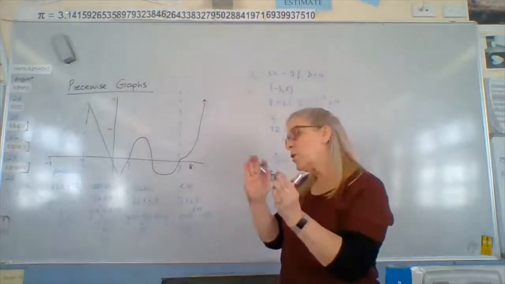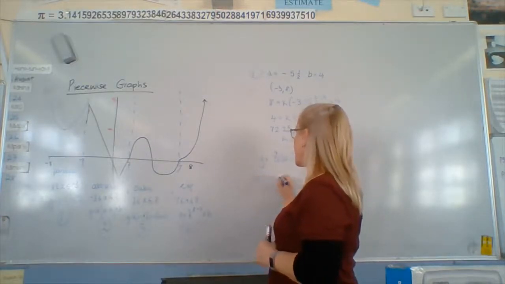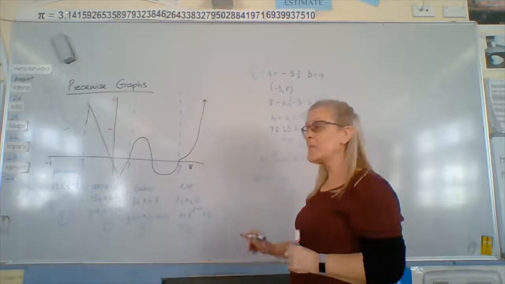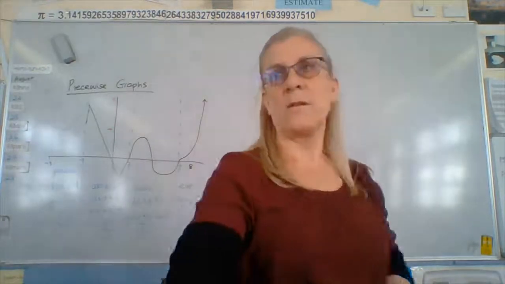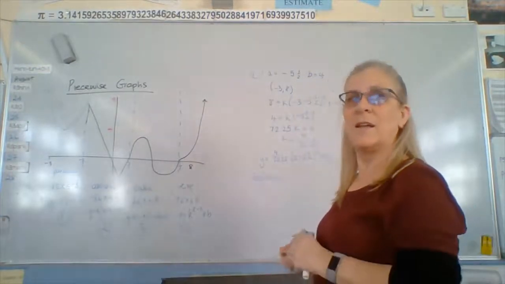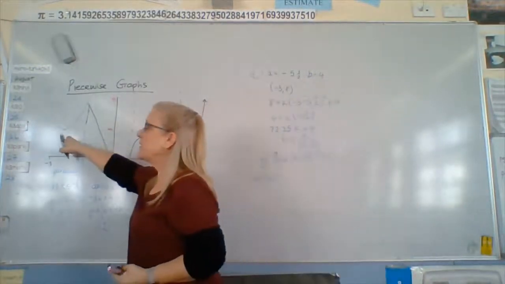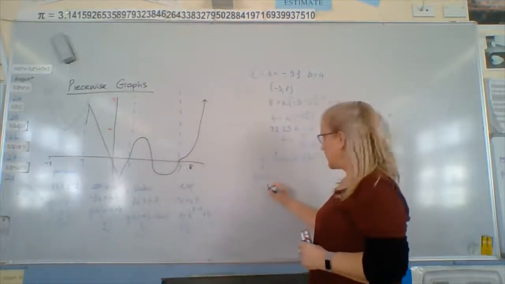1 mark. Not quite. We also will probably be asked to name features. We only have to name a couple of them. Tell me the features. For this graph, what have we got? The vertex, good.